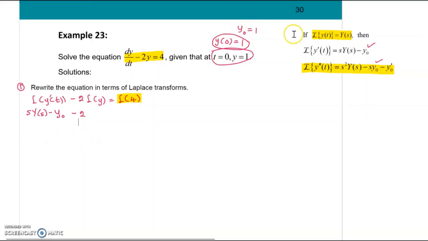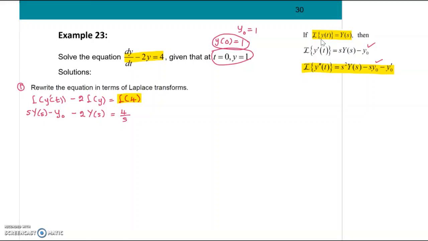By this formula, the Laplace of y(t) equals Y(s). So we have Y(s) equals, at the right hand side, we need to refer to the table. What is the Laplace of 4? 4 is a constant, so this is 4 over s. So that's what we have.